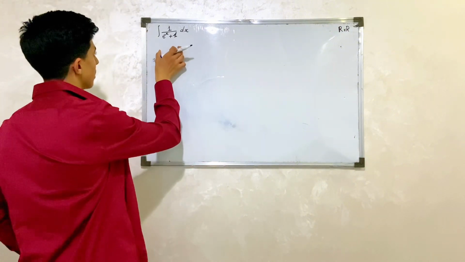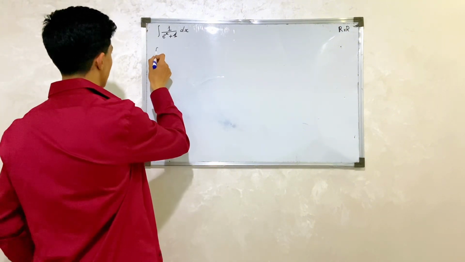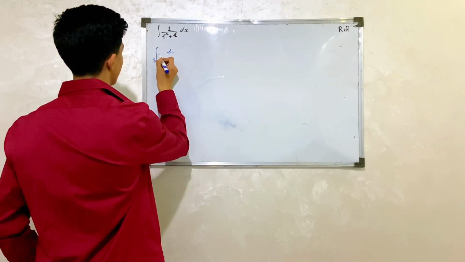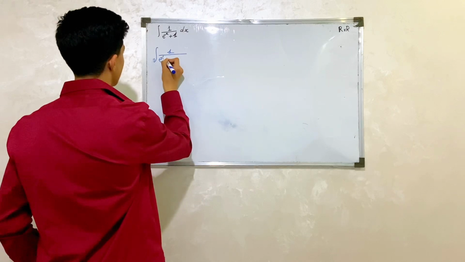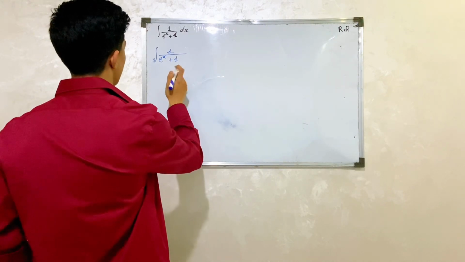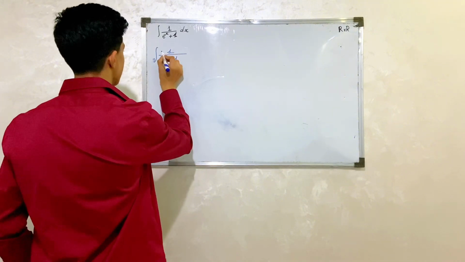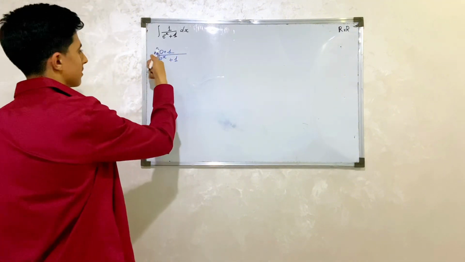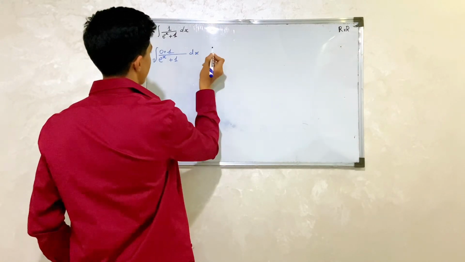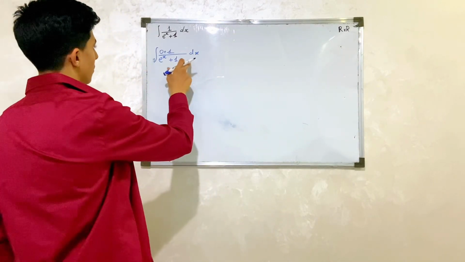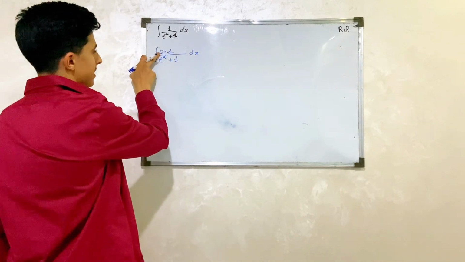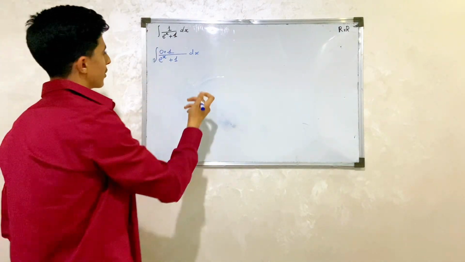First, we are going to rewrite this integral, 1 over e to the x plus 1, and here we are going to write a 0 plus. Doesn't really matter. Now we are just going to re-express the 0 in a different format.